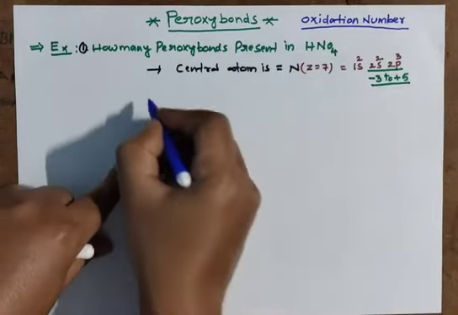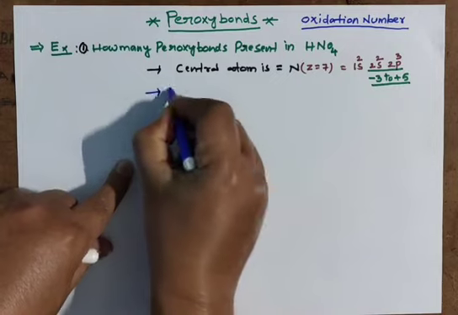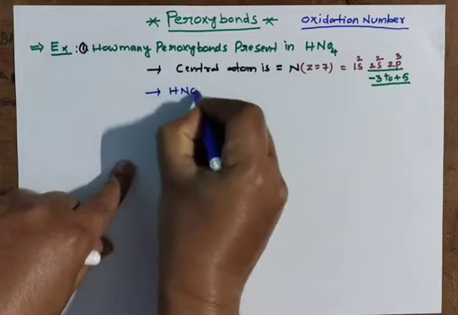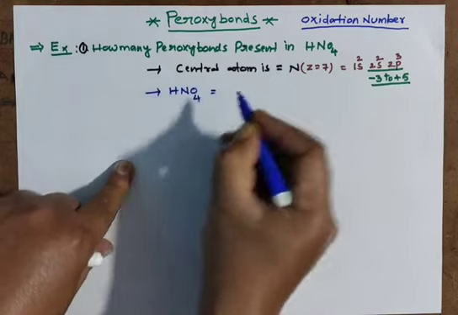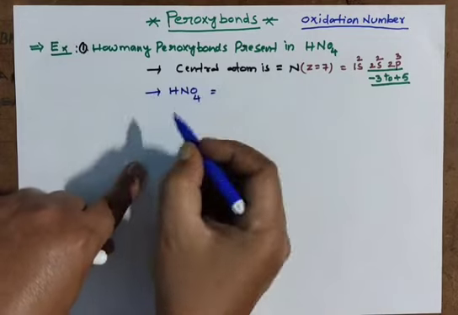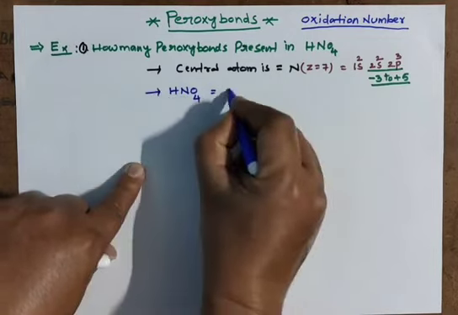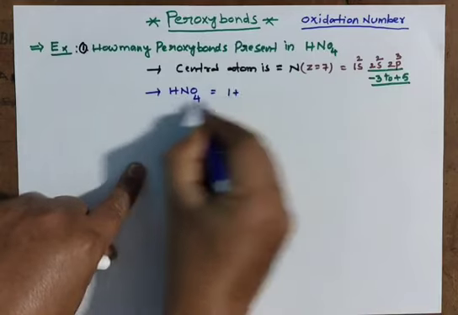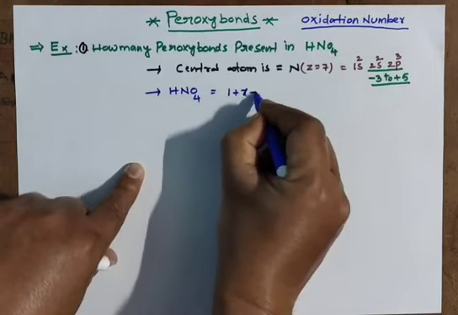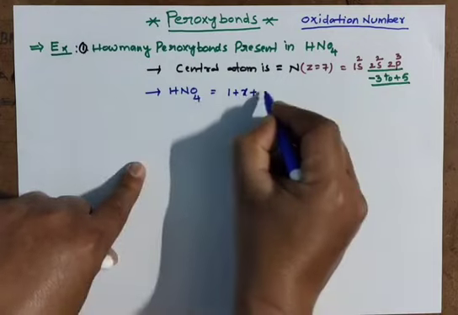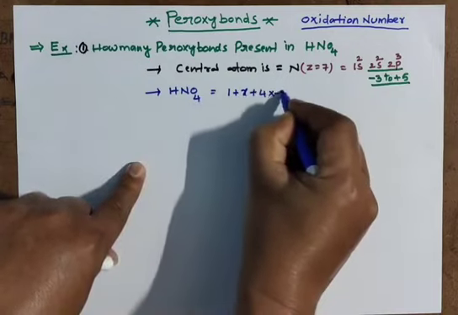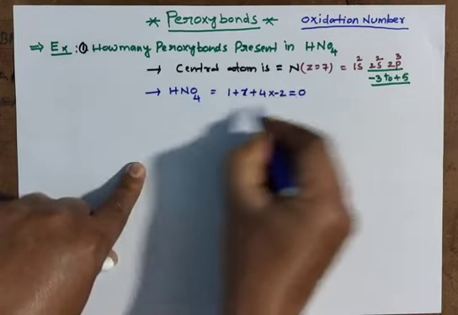Now I am calculating the oxidation number in HNO4. You know very well how to calculate oxidation number. I need nitrogen. Hydrogen's oxidation number is 1, and nitrogen, how many are there? 1. So 1 plus X plus oxygen 4 into -2 equals 0.